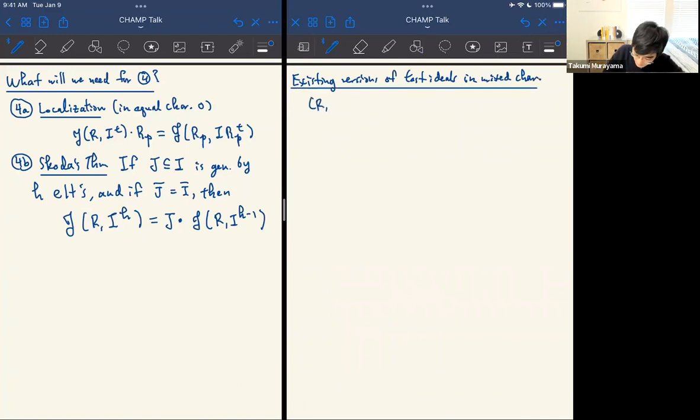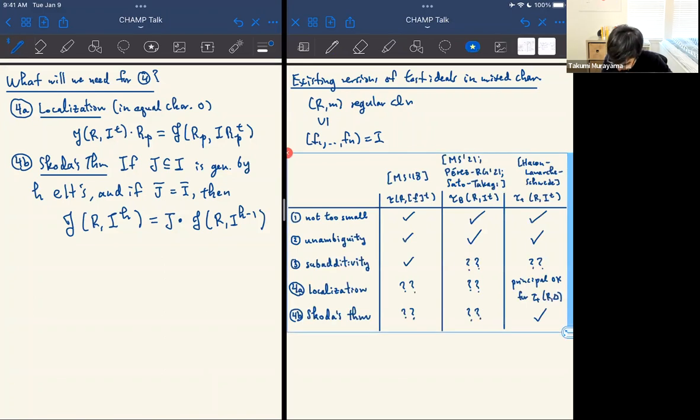So for what I say now, R, m is going to be a regular complete local ring. And we're going to consider an ideal generated by f1 through fn. And I would draw this whole table for you, but it's faster for me to just paste it from what I wrote earlier. So let me just do that. Okay, so that was quick.